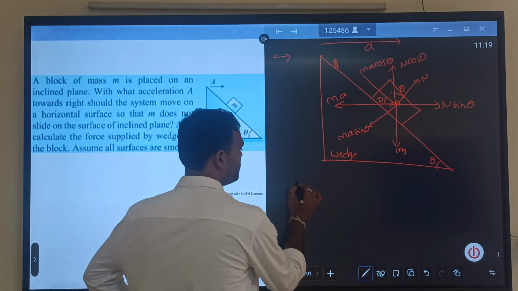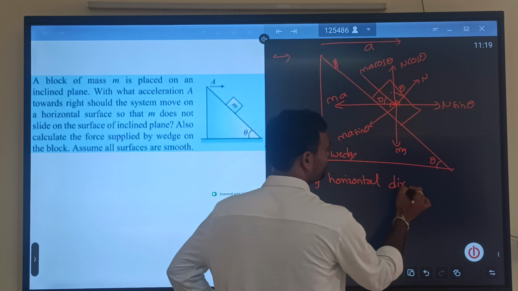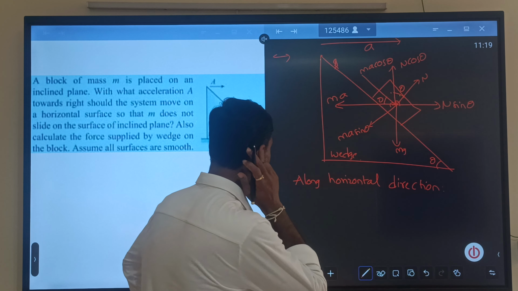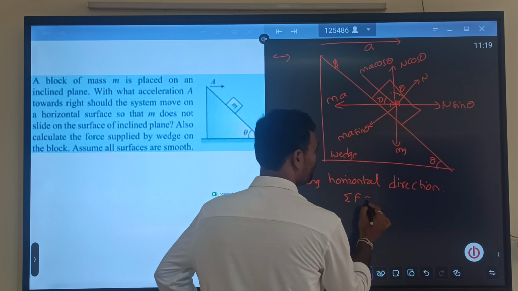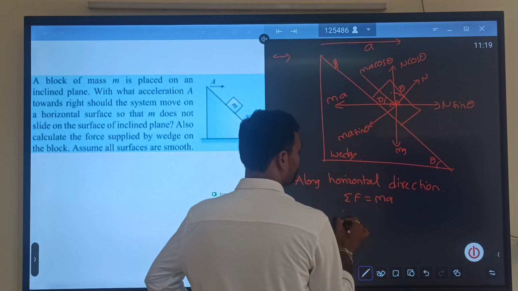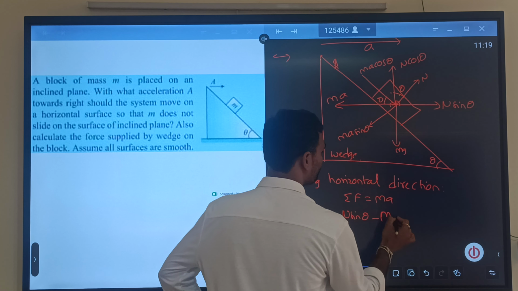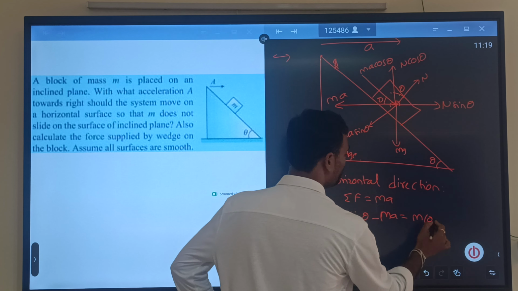Now along the horizontal direction, we can write sigma F is equal to ma, then N sin theta minus ma is equal to m into 0.